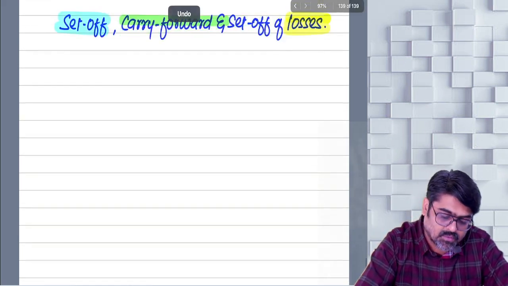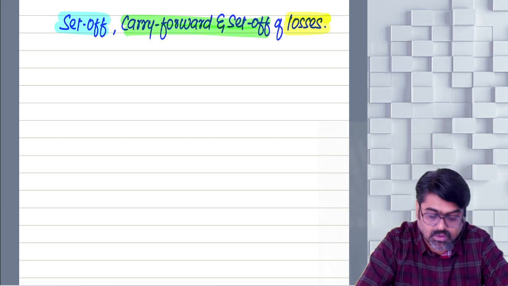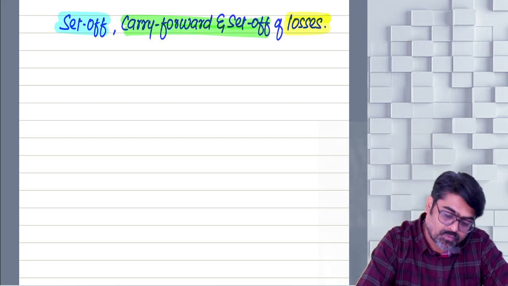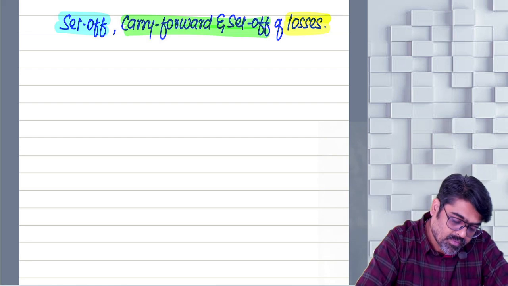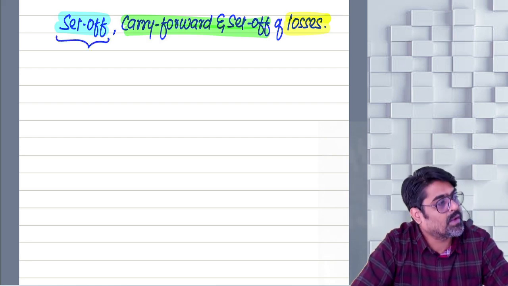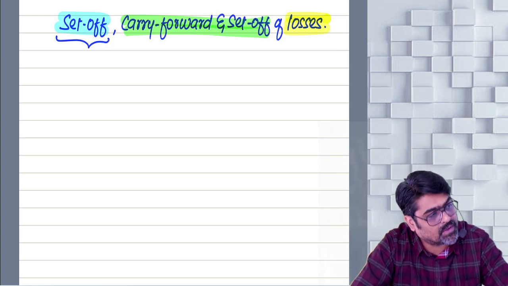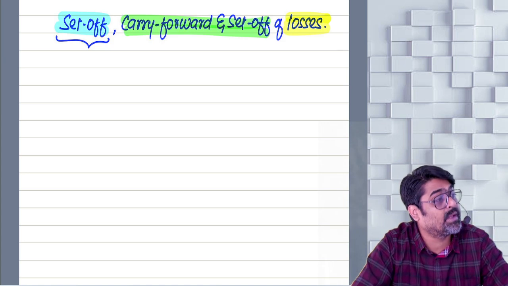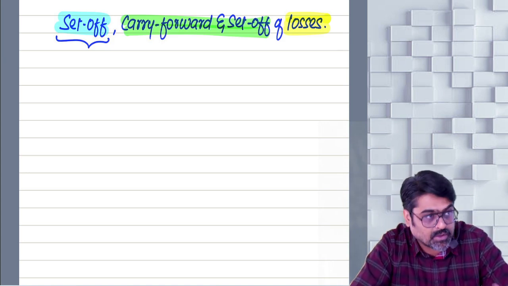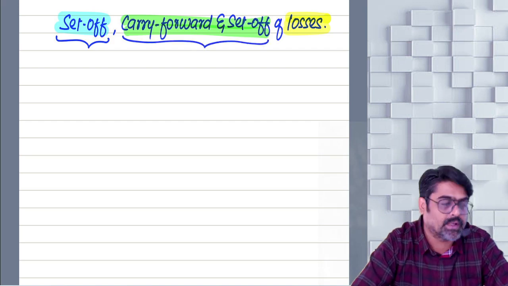So first the losses will be set off. This will be the first step. And if you cannot set off those losses in the current year, then carry forward to the subsequent year so that they can be set off from the incomes of subsequent years. This will be the second step.